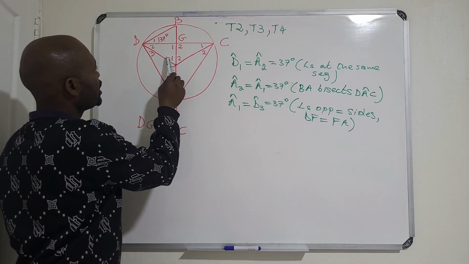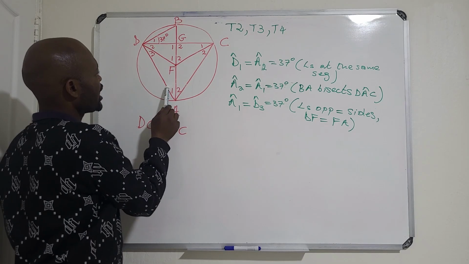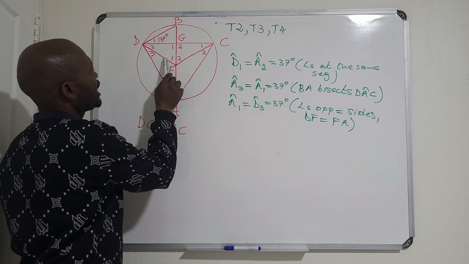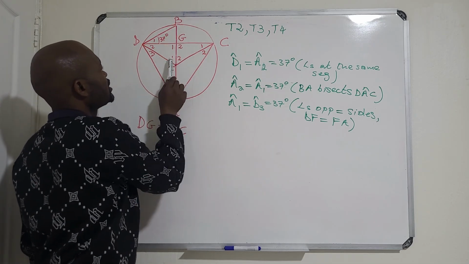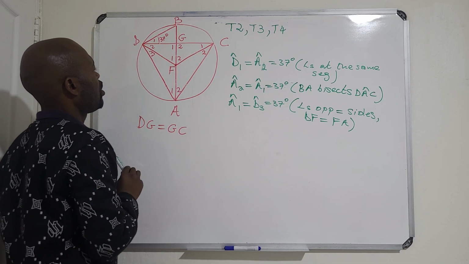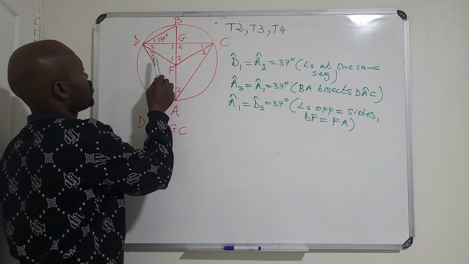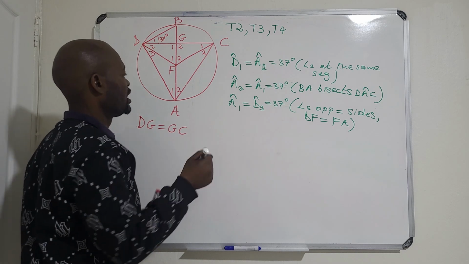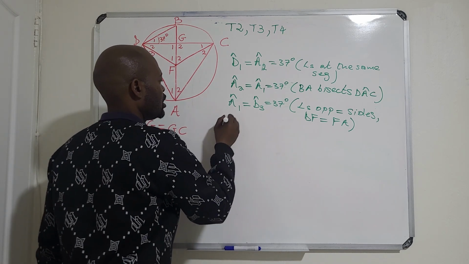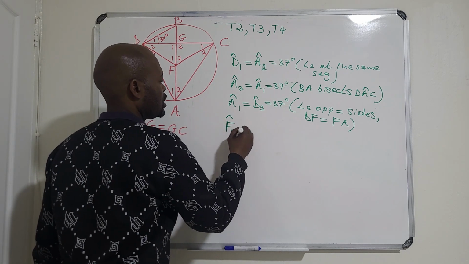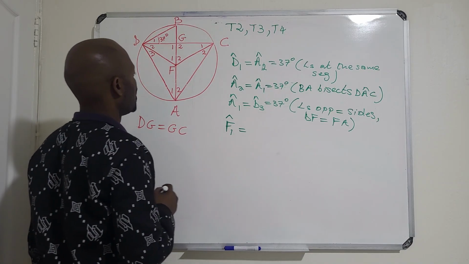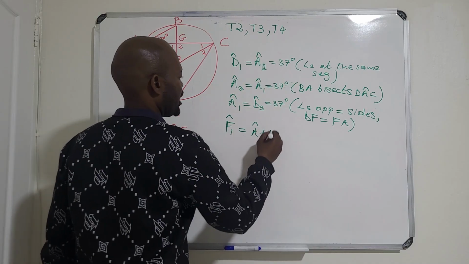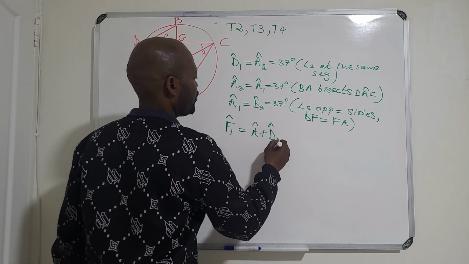And F1 is equals to this angle here plus this angle here. It's an exterior angle of a triangle, which is equals to the sum of the opposite interior angles. Therefore, we can write it, angle F1 is equals to angle A1 plus angle D3.